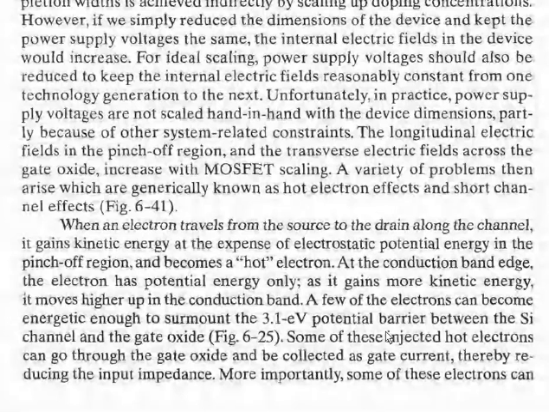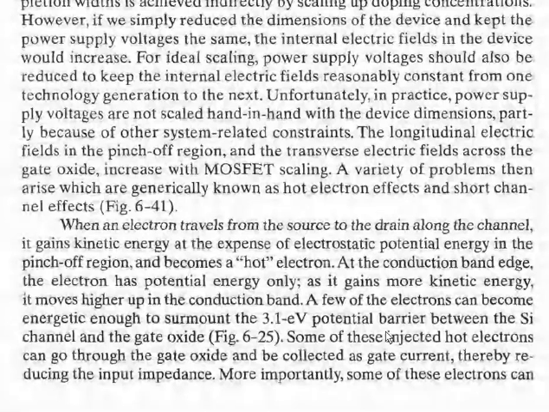As they move from source to drain, they contribute drain current ID. Some electrons get more energy and move higher up in the conduction band. A few electrons can become energetic enough to overcome the 3.1 electron volt potential barrier between the silicon channel and the gate oxide.